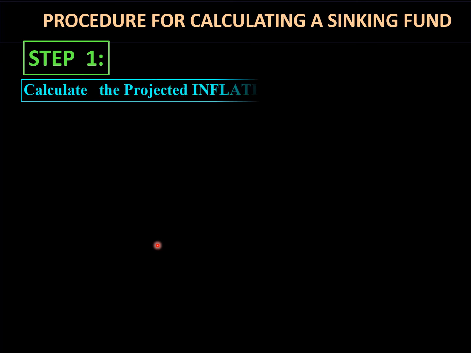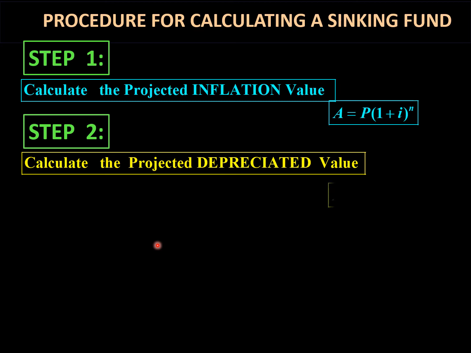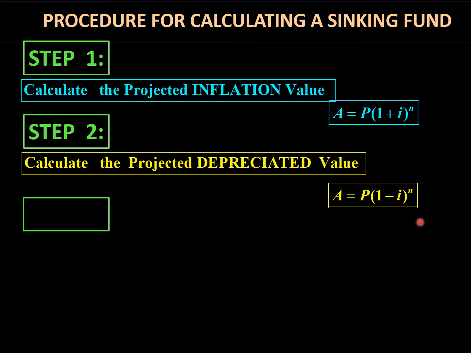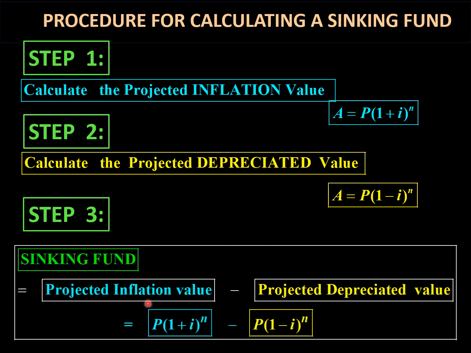Step 1, calculate the projected inflation value. What do we need there? The compound growth formula. Then step 2, we have to calculate the projected depreciated value. There we use the reducing balance depreciation formula. Then to find the sinking fund, it's the difference between those two values: the projected inflation value minus the projected depreciated value.